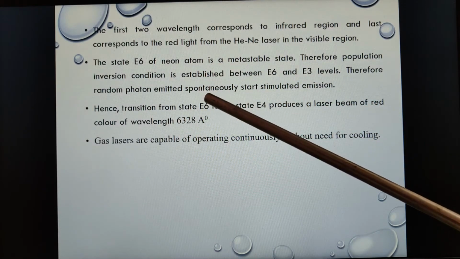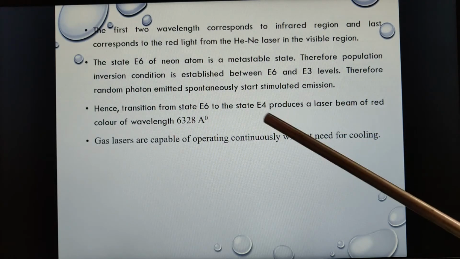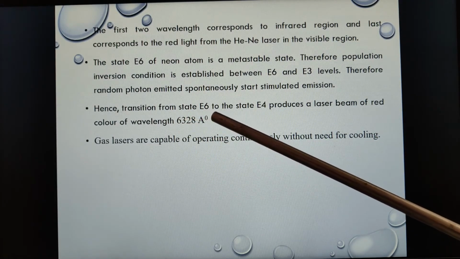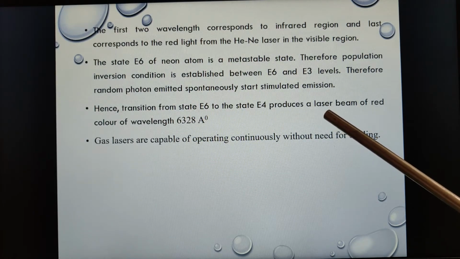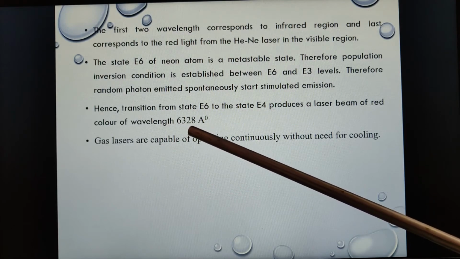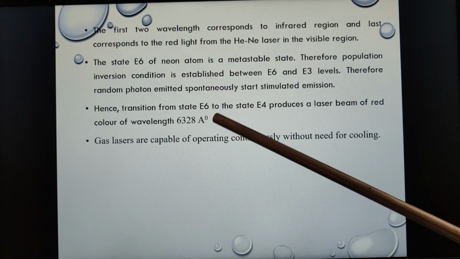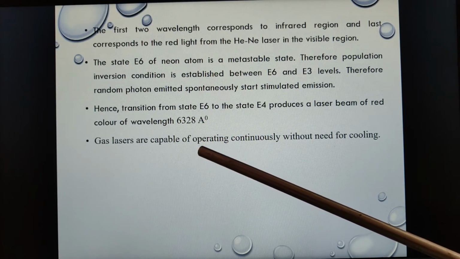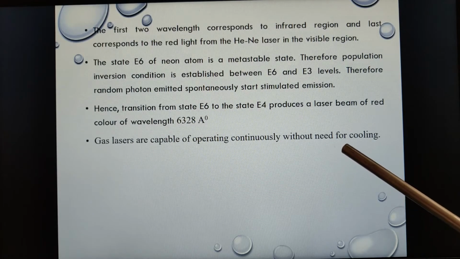Therefore, randomly emitted spontaneous photons start stimulated emission. Hence, the transition from state E6 to state E3 produces a laser beam of red color of wavelength 6328 angstrom. Gas lasers are capable of operating continuously without the need for cooling.